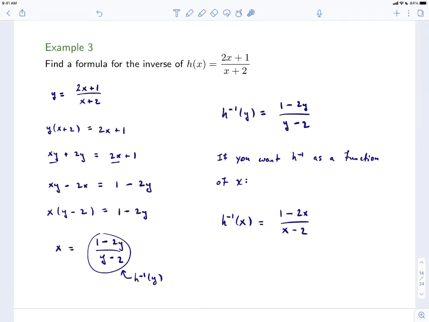And as I mentioned before, the main reason that you'd want to do that is so that you can graph h inverse on the xy plane with x as the horizontal axis and y as the vertical axis. So for purposes of graphing, you'd probably want it to be in terms of x, but if you just want a formula, you can leave it in terms of y.